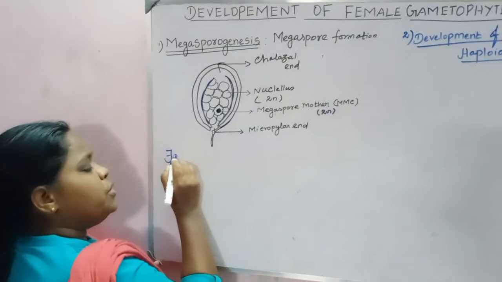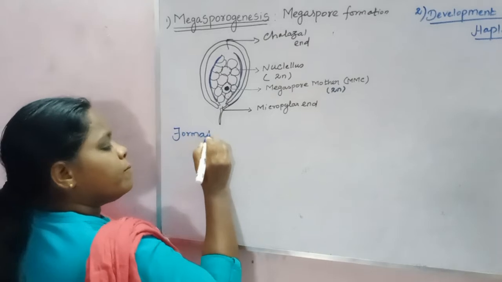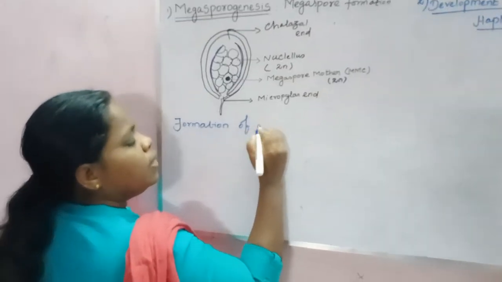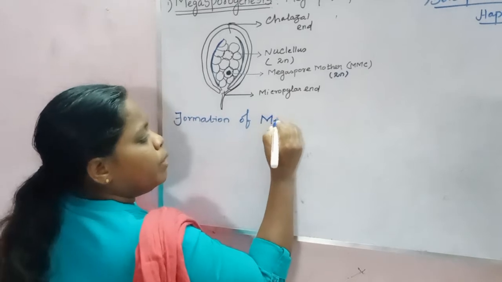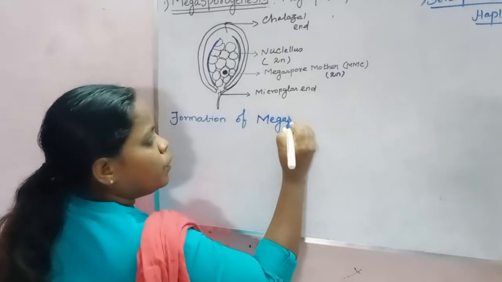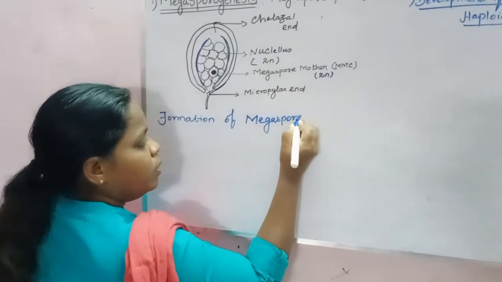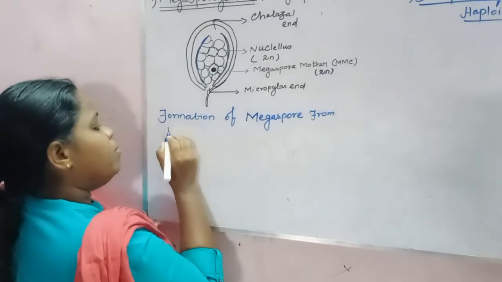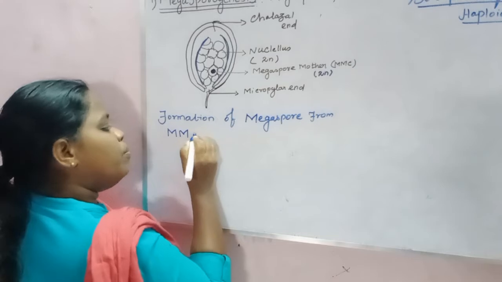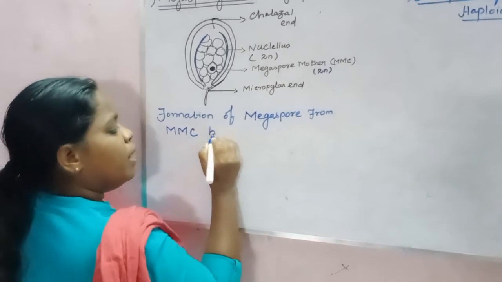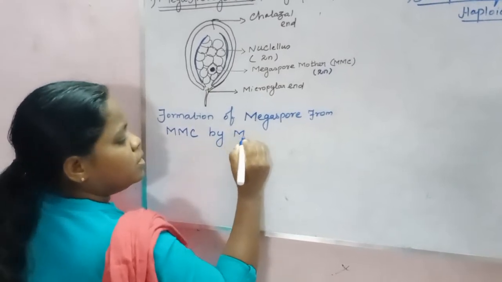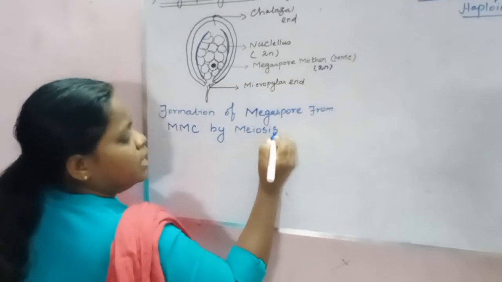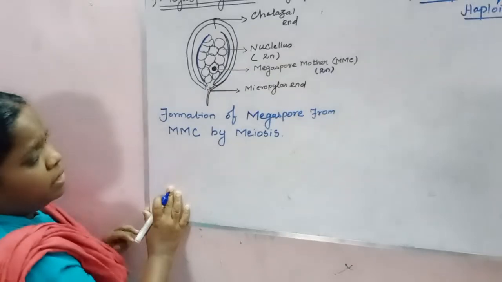The formation of megaspores from the MMC, megaspore mother cell, by meiosis, is called megasporogenesis. Are you clear with the definition?